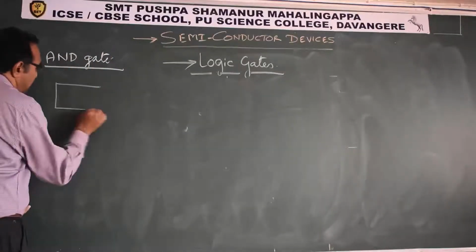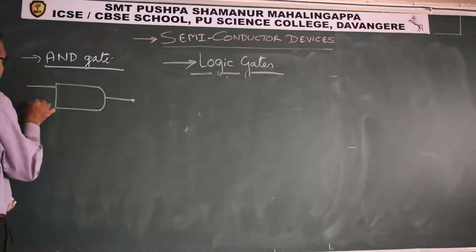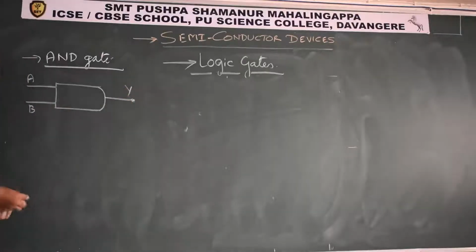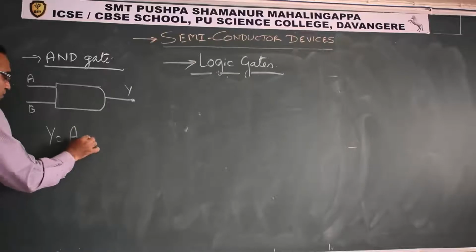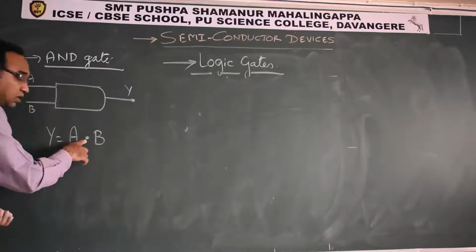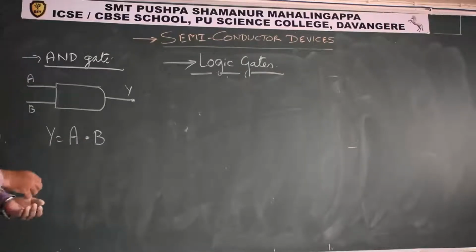See this. The symbol is this. These are the inputs A, B, and this is Y. And the Boolean expression for it is written this way: Y is equal to A dot B. So this is said as A and B. Got it?